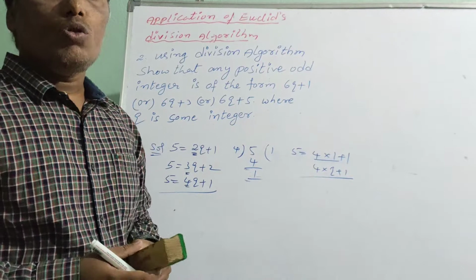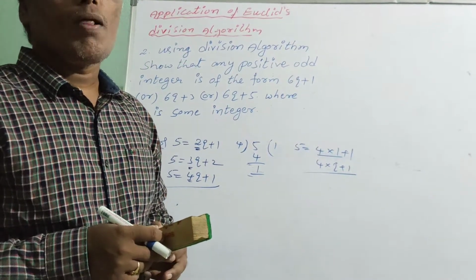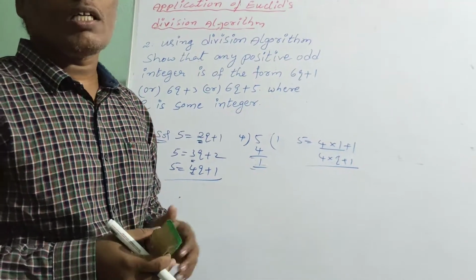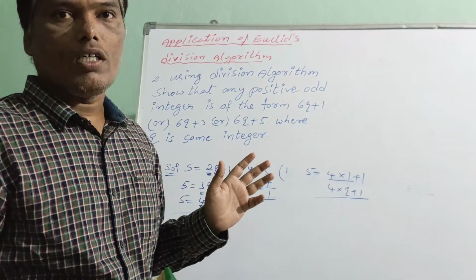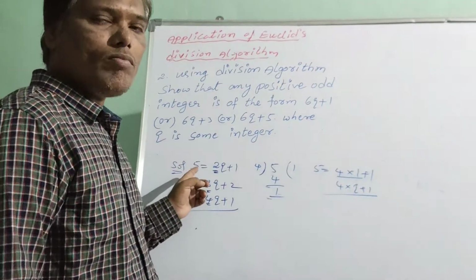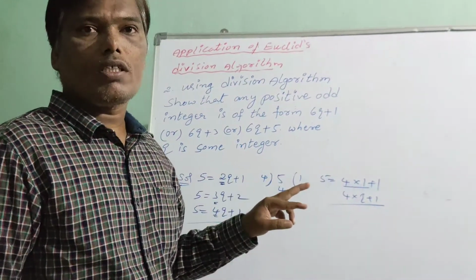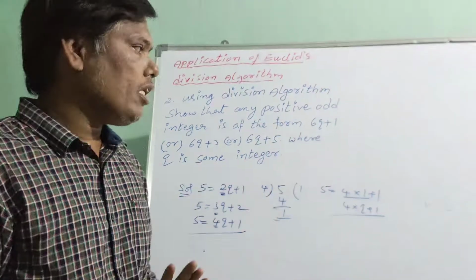That means you might have a doubt: in lower classes we learnt the general form of an odd number is 2q plus 1, but here it is given 6q plus 1 or 6q plus 3 or 6q plus 5. So remember that any number can be expressed in different forms, depending on the divisor that we choose. That must be remembered.